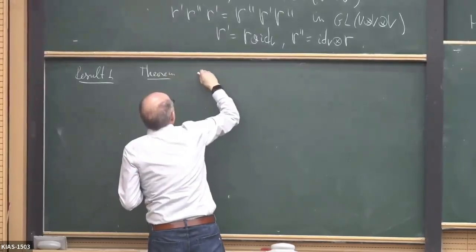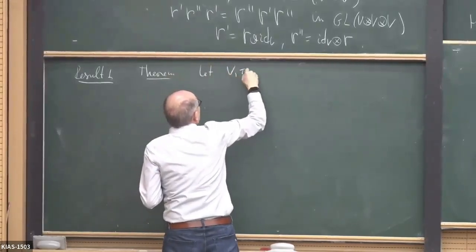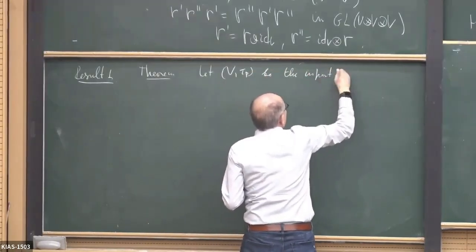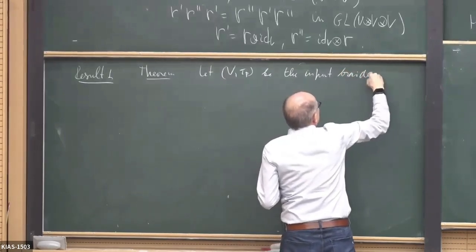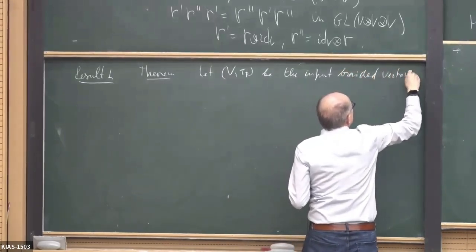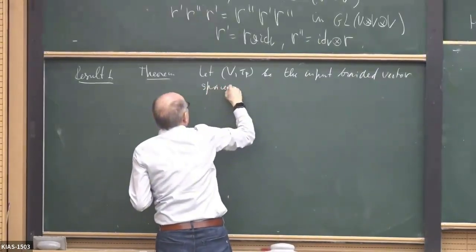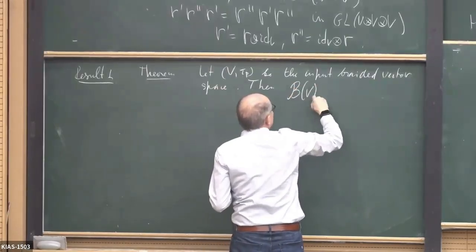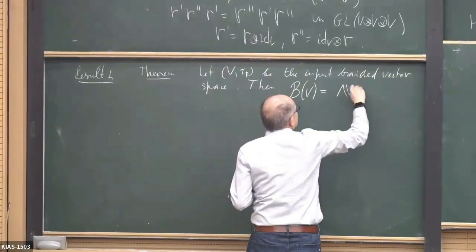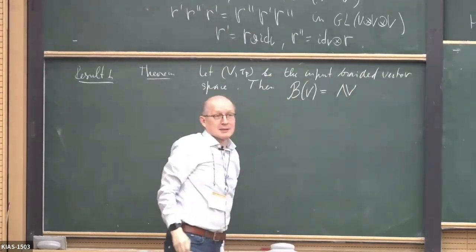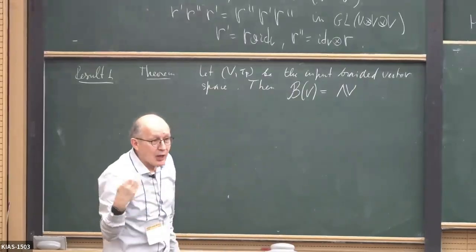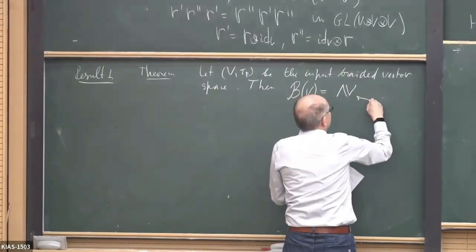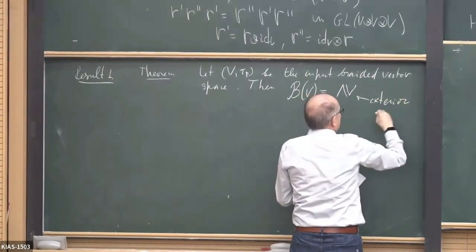Let (V, tau_P) be the input braided vector space. Then B(V) is just the exterior algebra of V.